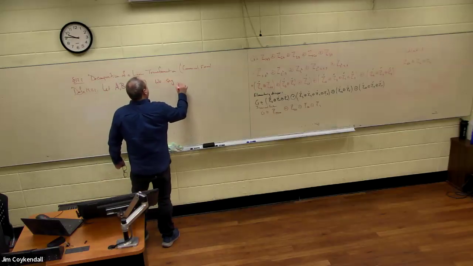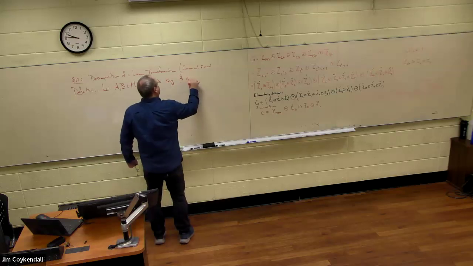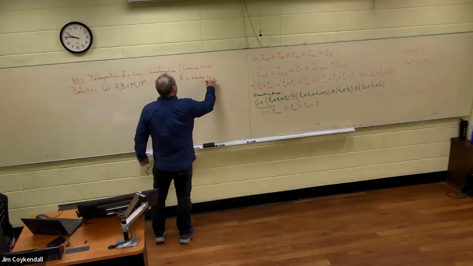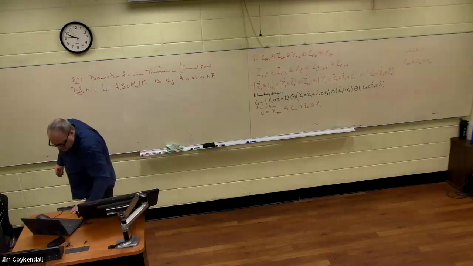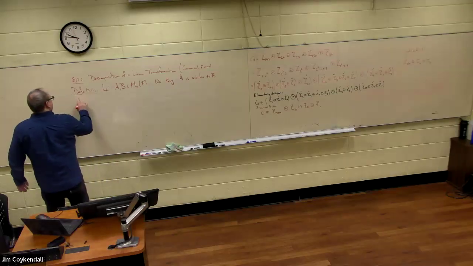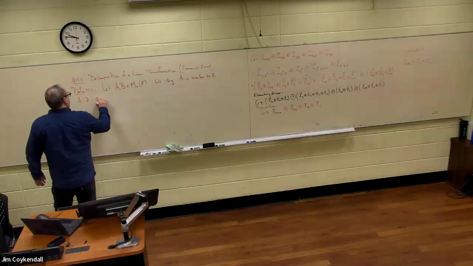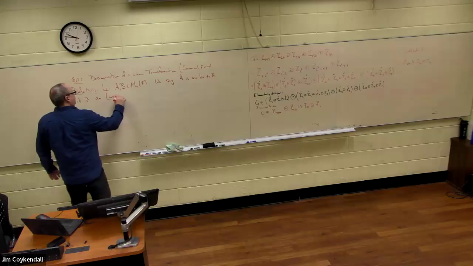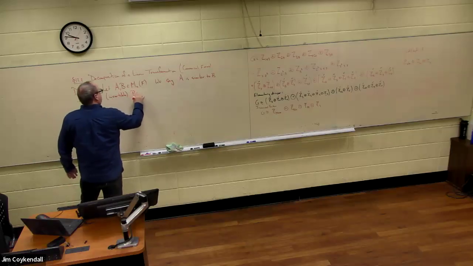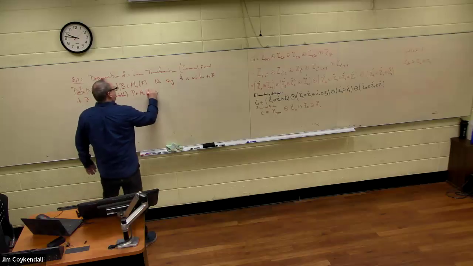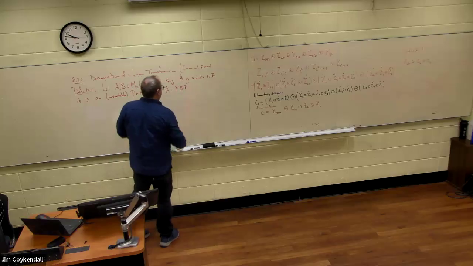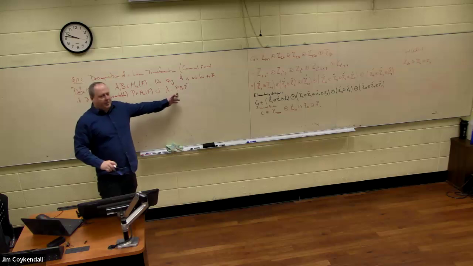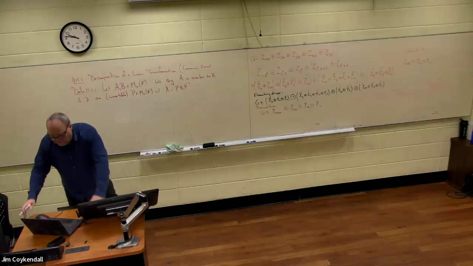We say A is similar to B if there exists an invertible P in M_n(F) such that A equals PBP inverse. Some people lead with the P inverse, they conjugate with P inverse BP. It makes absolutely no difference.